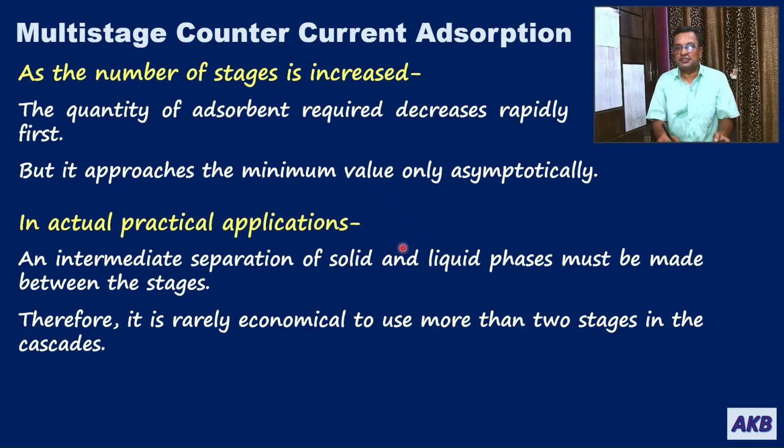Then I have discussed the concept of minimum adsorbent to solvent ratio, and what the pinch point is, and how to locate it for different types of equilibrium curve: if the equilibrium curve is a straight line, concave upward, or concave downward. I hope you have understood what I have discussed in this video lecture. In my coming videos, I will be discussing a few numericals based on multi-stage counter-current adsorption. So I will end my discussion for this lecture.